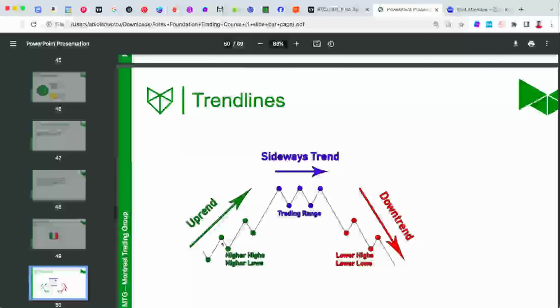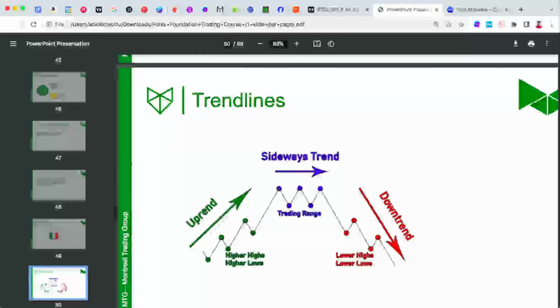Here we have an uptrend because the market is moving upward and pulling back, then moving upward, then pulling back, then moving upward again. Here we would say it's a sideways trend, because the market is moving in ranges. It's moving in waves, but we can see the difference from this side, which is the uptrend.